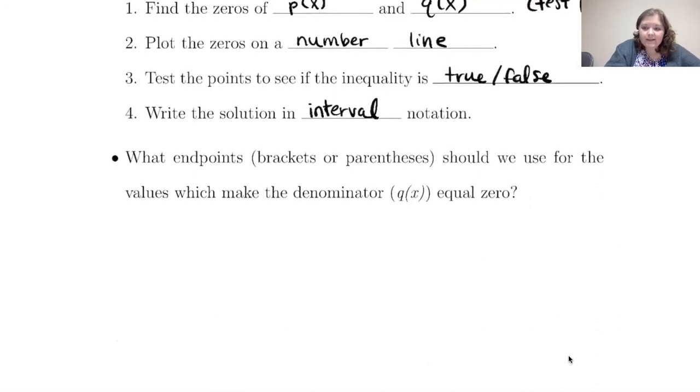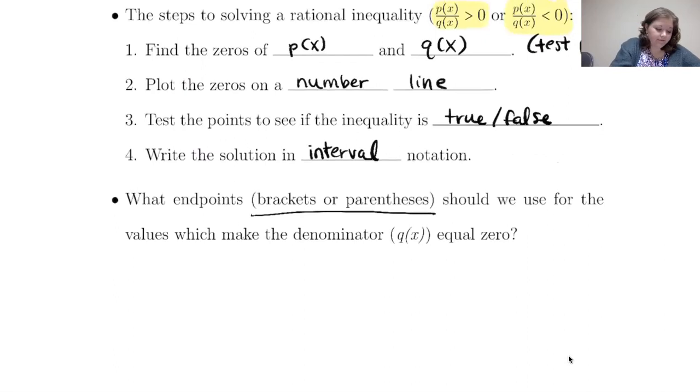So the last part of this is we think about what the bottom is going to do to our endpoints, like brackets or parentheses. So if we are finding zeros from the bottom of the fraction, so q of x, in the first step, we're going to set that equal to 0. And if that's equal to 0, that means the bottom of our fraction is equal to 0, which means we're dividing by 0.